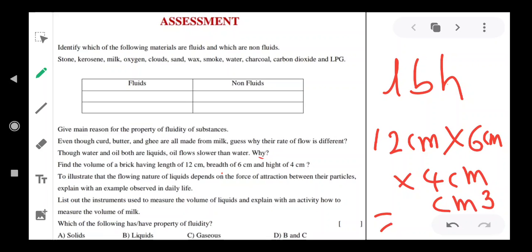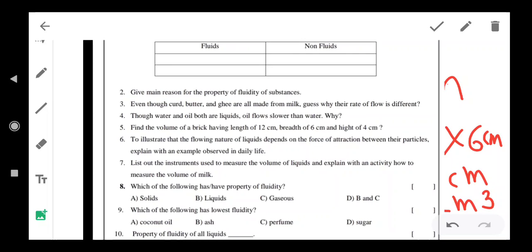Okay, next question. To illustrate, the flow nature of liquid depends on the force of attraction between their particles. Explain with an example observed in daily life. If we take water, oil, kerosene and flow them, what will you observe?